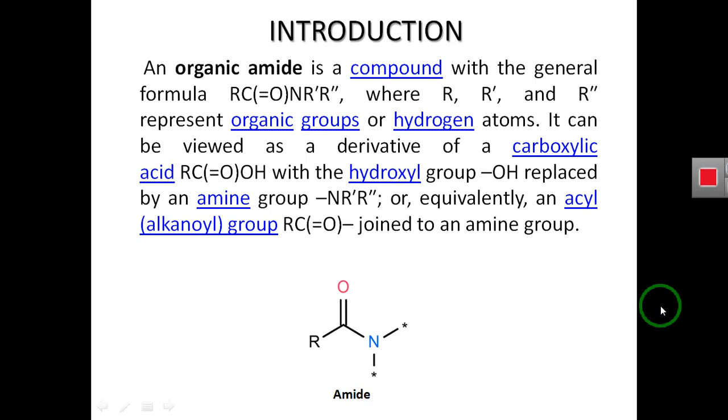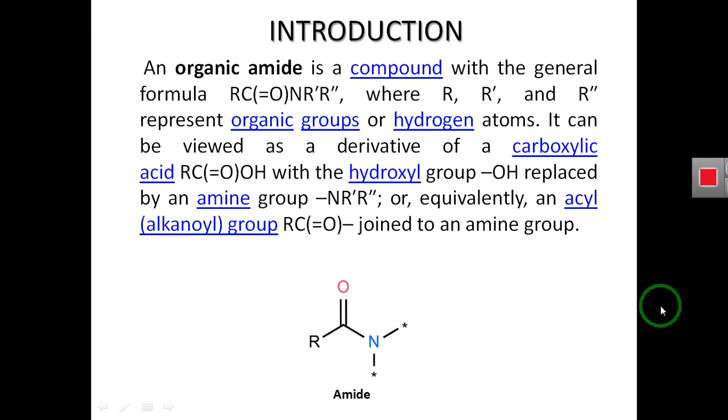So we are saying that amides are the derivatives of carboxylic acid. What does it mean? It means that amides form from the carboxylic acid. Carboxylic acid is the parent compound, and amides are formed from it. How do they form? They form by making some changes in the structure of the compound.